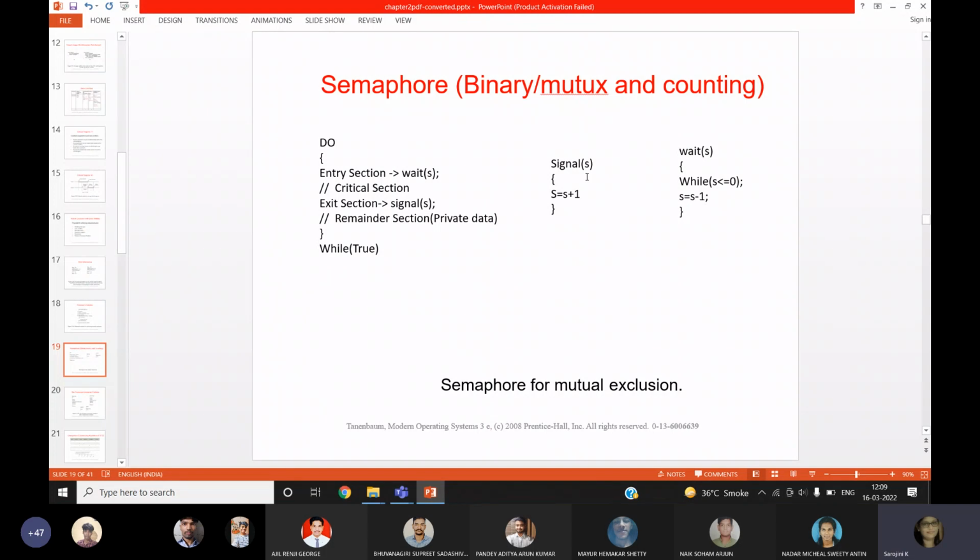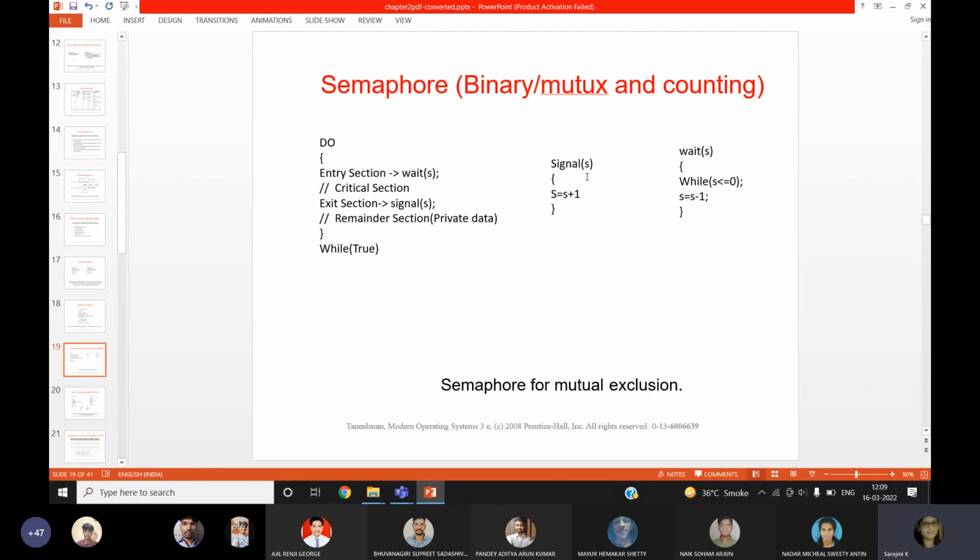But here the semaphore is a special variable which can have either 0 or 1 if it is used as a binary or mutex semaphore. That's why it is called a binary semaphore.